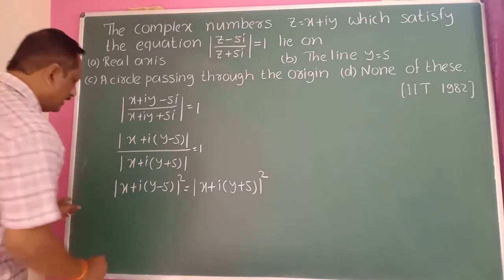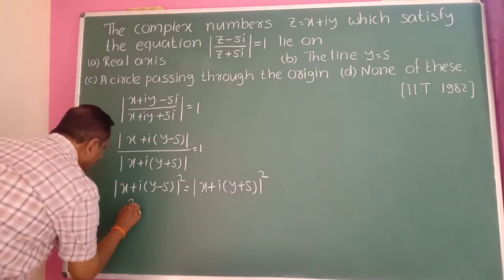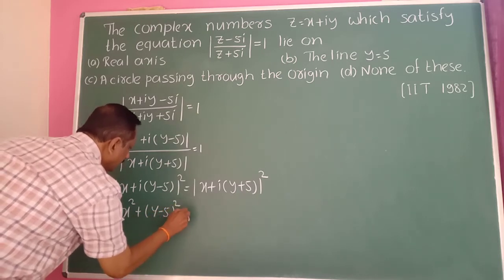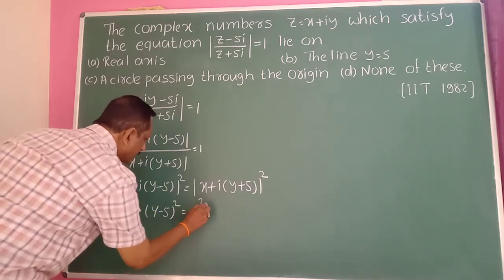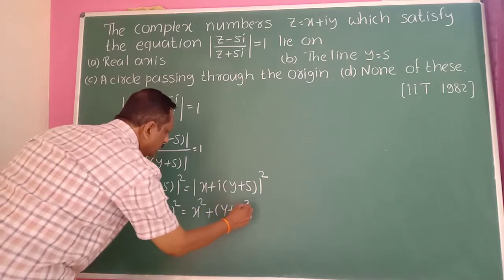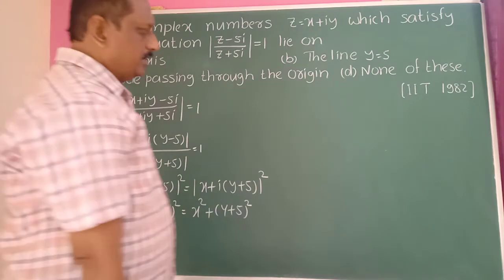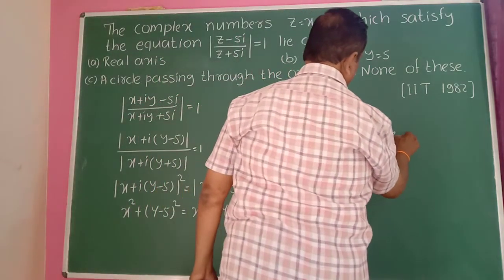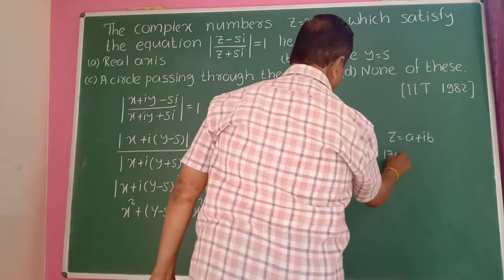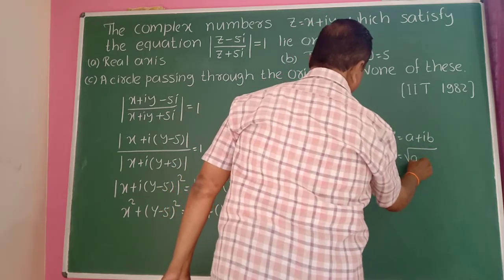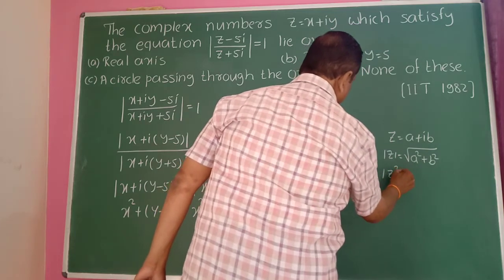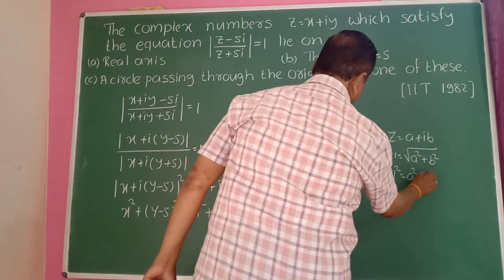Therefore this is x square plus (y minus 5) whole square is equal to x square plus (y plus 5) whole square. Because if z equal to a plus ib is a complex number, then the modulus of z is root of a square plus b square, or modulus of z square is a square plus b square.